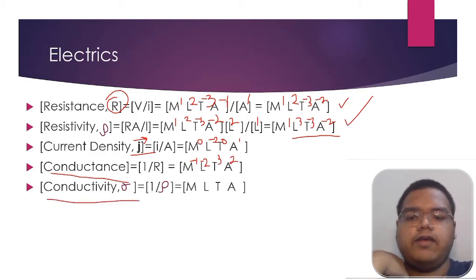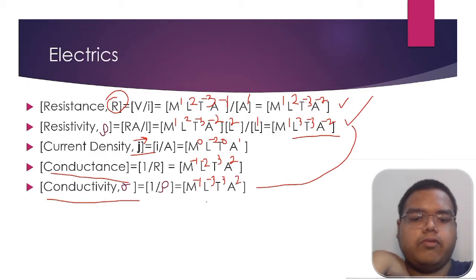And conductivity sigma, which is equal to 1 by rho, which will be the opposite of this one: M to the power minus 1, L to the power minus 3, T to the power 3, A to the power 2. Done.